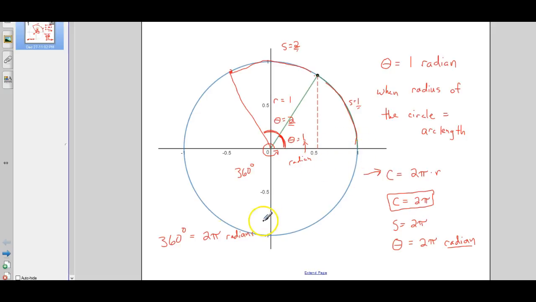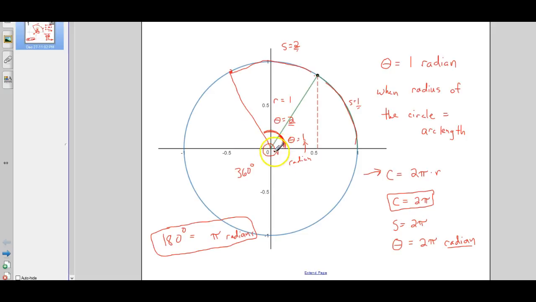So that opens this up, but the way we usually do it, the way we actually remember and the way you'll see it in textbooks and online, is to just divide both sides by 2. So instead of 2 pi, we say pi radians, and 360 divided by 2 is 180.